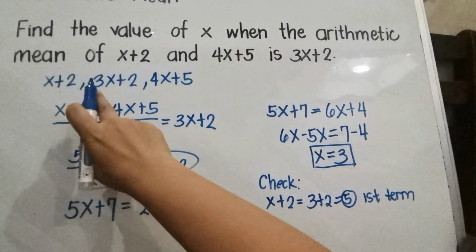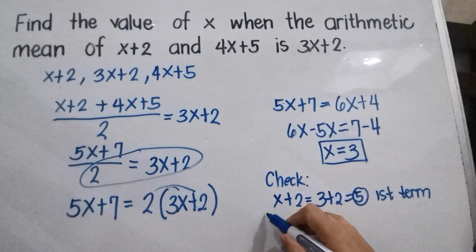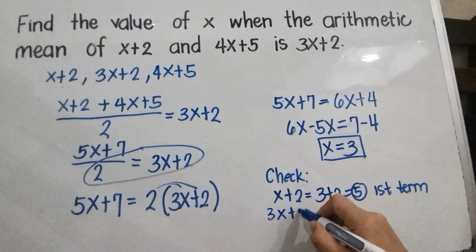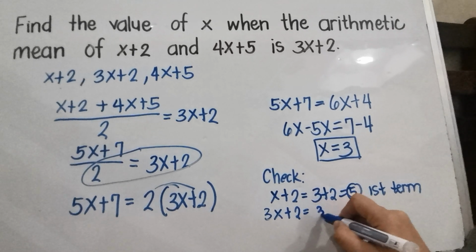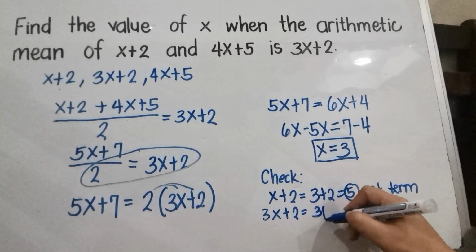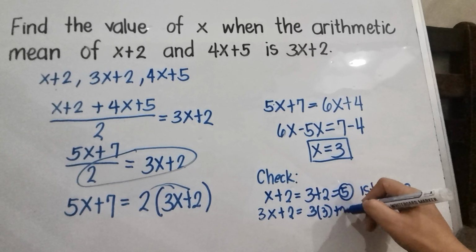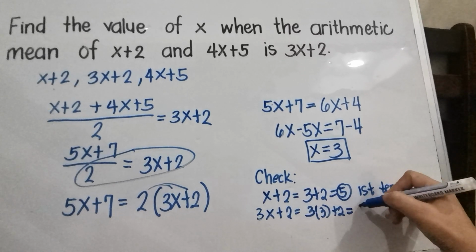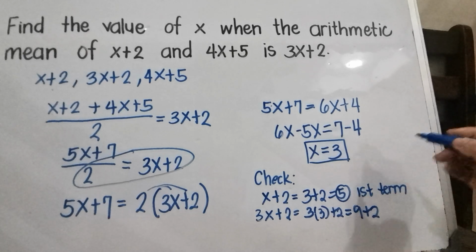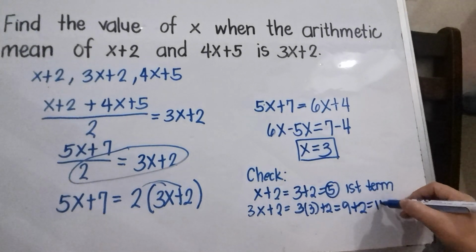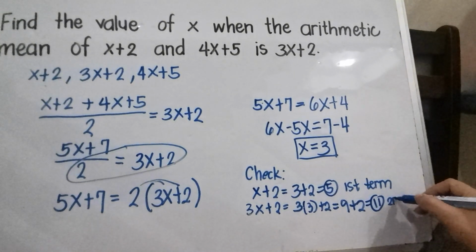And then for the second term, which is 3x plus 2, substitute x with 3. So 3 times 3 plus 2, that is 3 times 3, 9, plus 2, that is 11. So 11 is the second term.